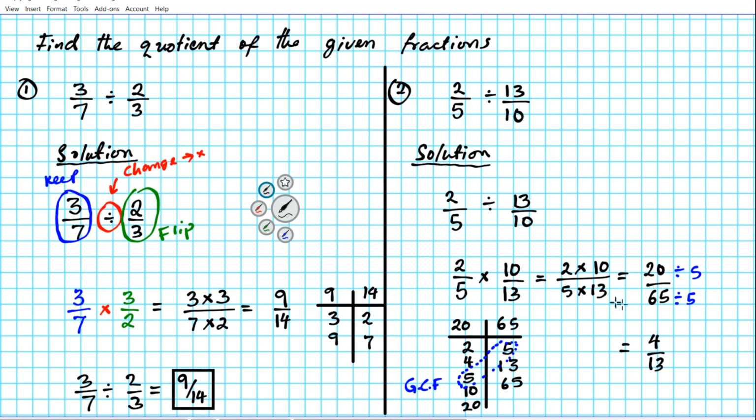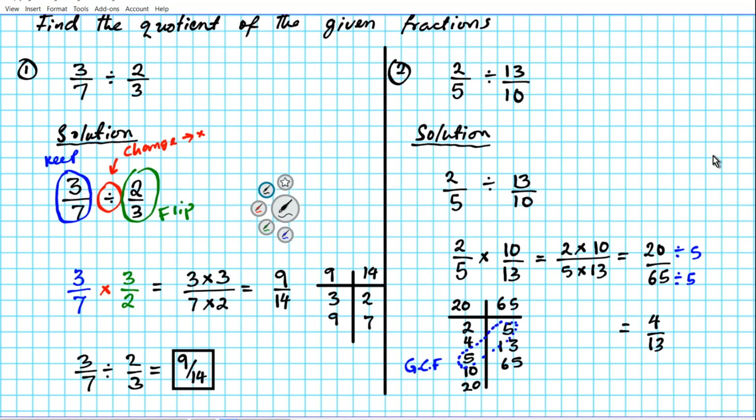So let's go ahead and write down our answer for question number 2. 2 over 5 divided by 13 over 10 is 4 over 13. Bam. That is your answer to question number 2.